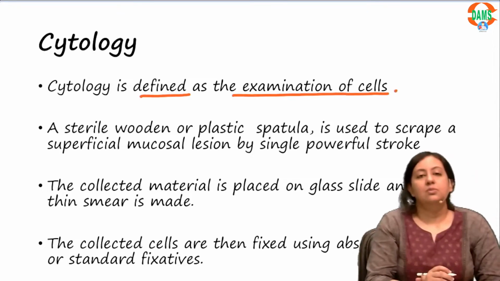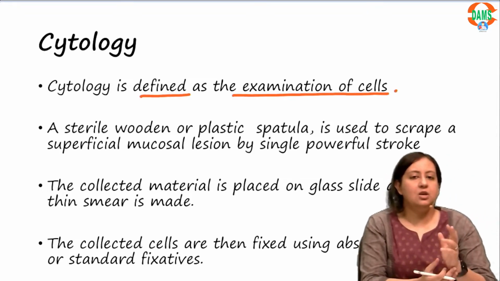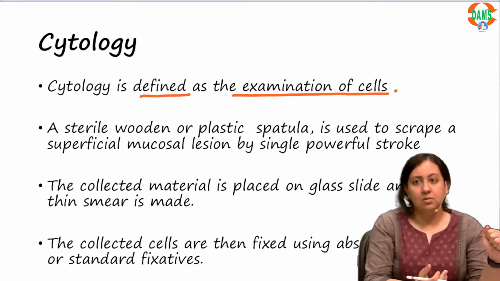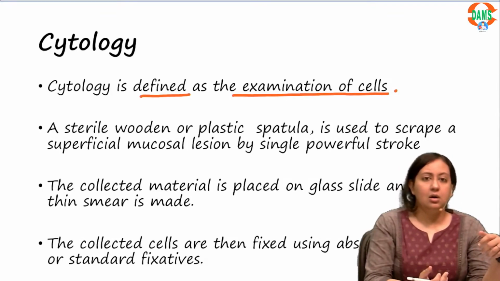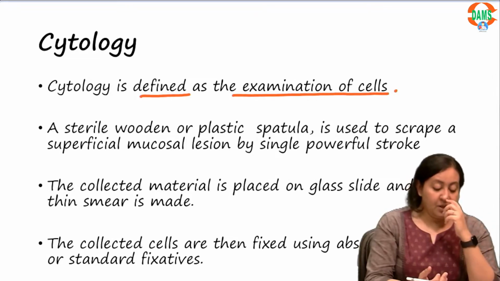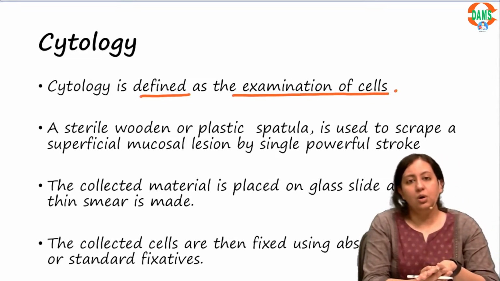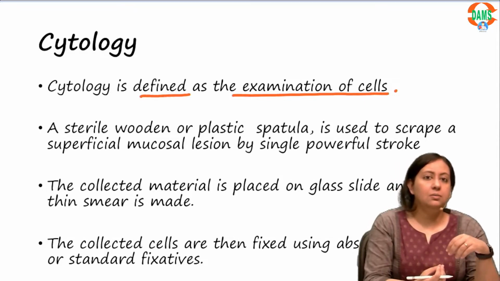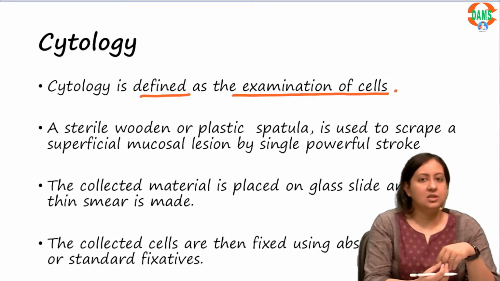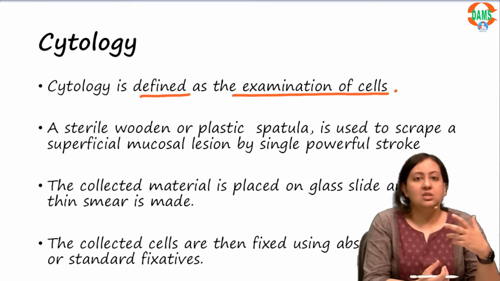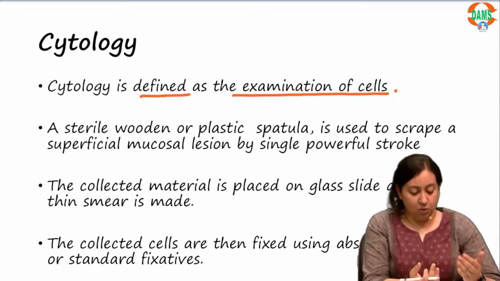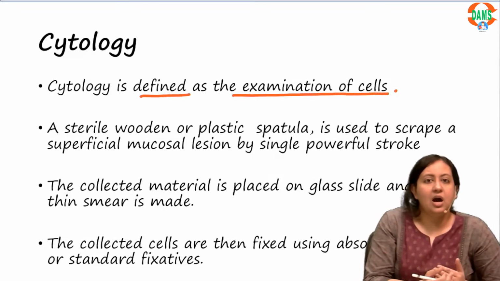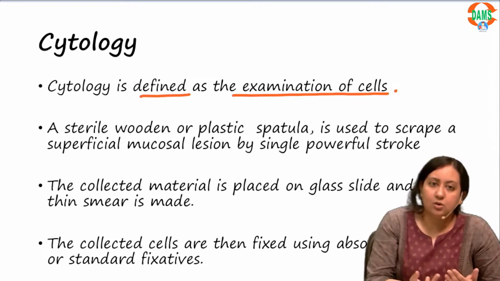The basic difference is, in biopsy you were examining a tissue harvested from a living organism, and you were studying that tissue. In cytology, you do not harvest a tissue per se, you study the cells. You will understand further into the session how we are harvesting the cells and how we are studying those cells.